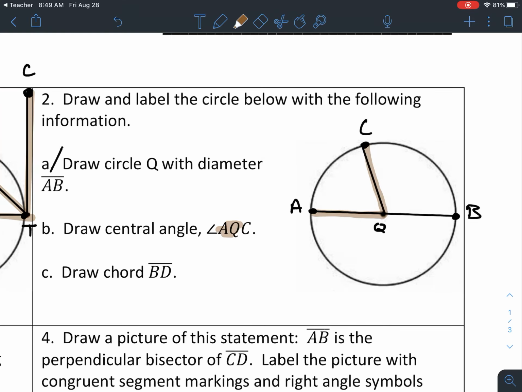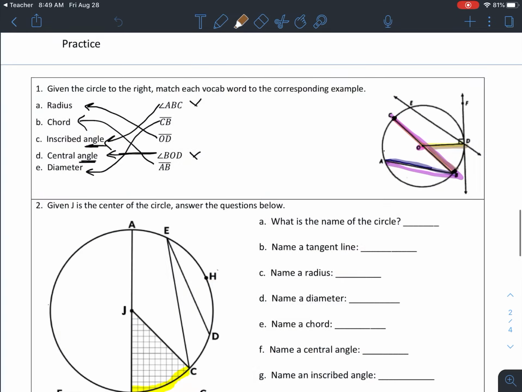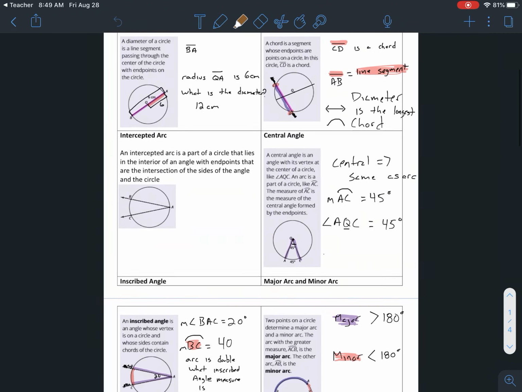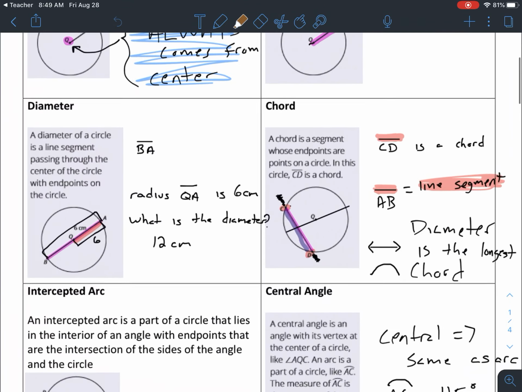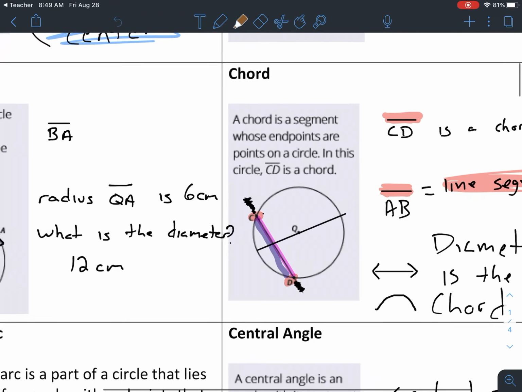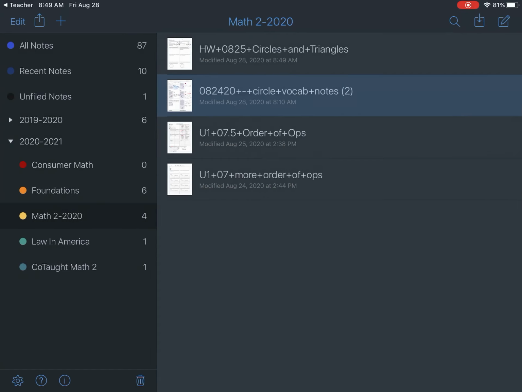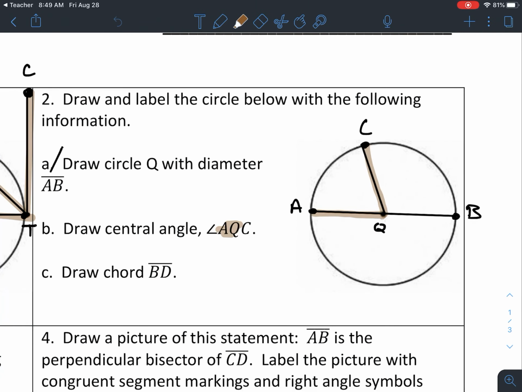Okay, and lastly, they're asking us to draw a chord. If we don't remember these, you can always come back here and look at your circle vocabulary and you can find the words. Okay, so this is where it's important to keep this. So a chord, as we remember, is a segment whose endpoints are on a circle. So it's not going through the middle. So they're telling us BD.